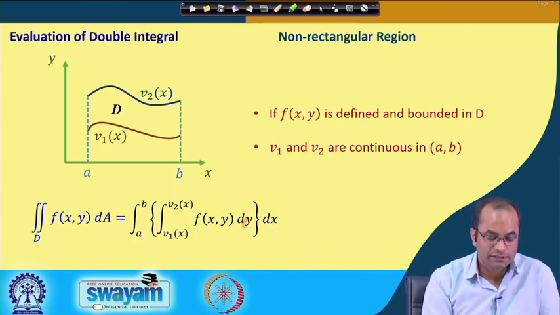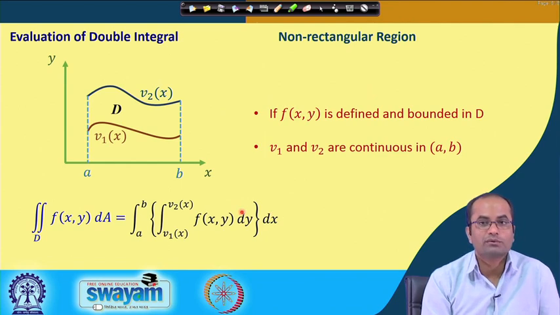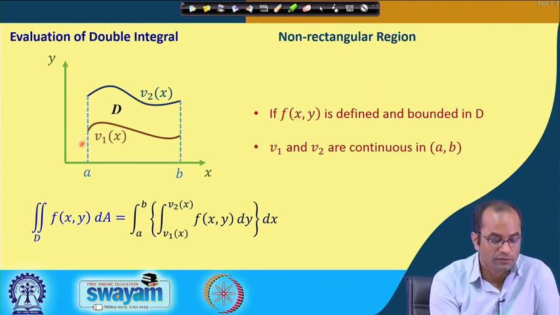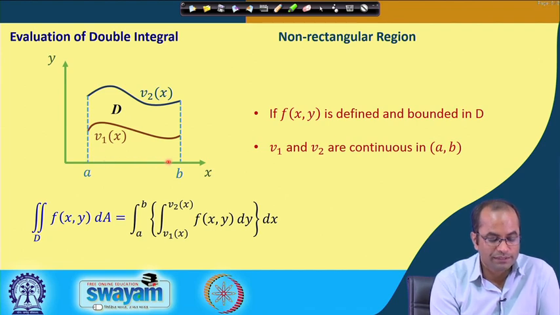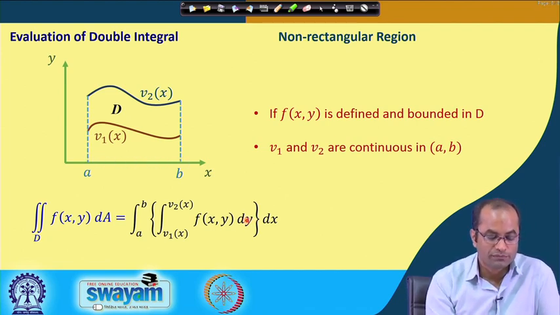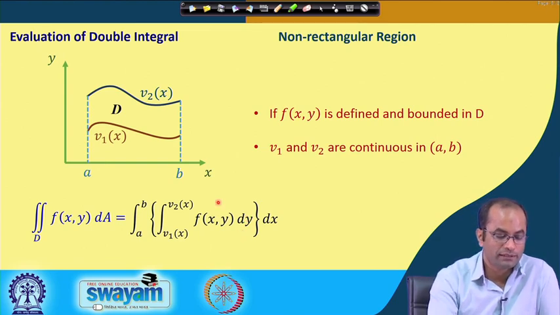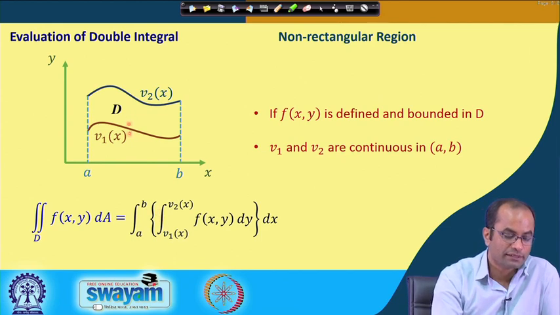Once we are done with this integral, we will integrate with respect to x. For x now the limits are from a to b. For x the limits are constant, a to b, but for the inner integral in y the limits depend on x, v1(x) to v2(x).